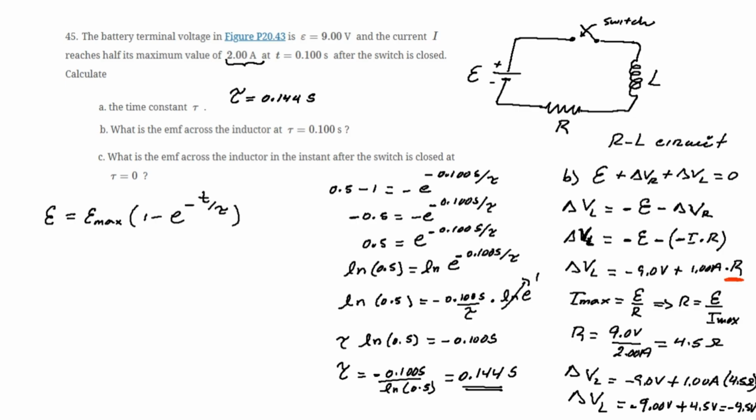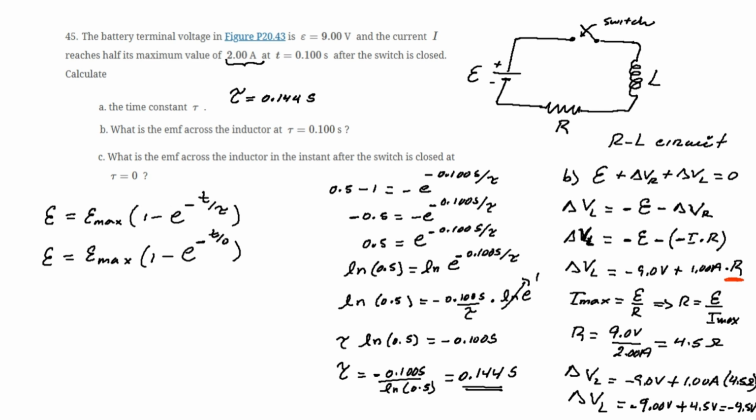They say at time 0, so look at what happened here. We have 1 minus e to the power of negative t over a number that approaches 0. But this exponent is negative.